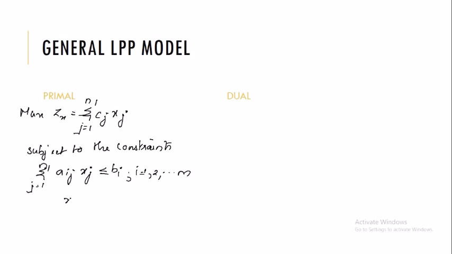Okay, xj is greater than or equal to 0, where j takes the values 1, 2, 3, etc. up to n. What about the dual?